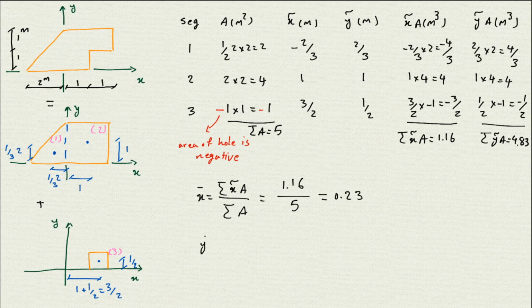And the same in the y direction: 4.83 divided by 5, and it's going to be 0.96 meter. So you'll see that if we consider it as a whole, the whole process is the same. The only difference is that the area of that hole should be considered as a negative, and then we can do the calculation for the centroid.